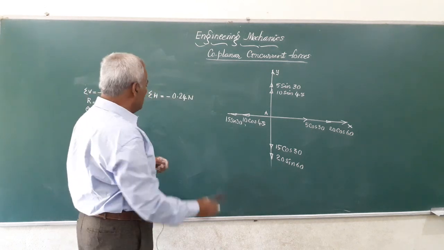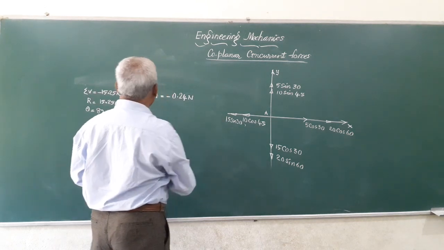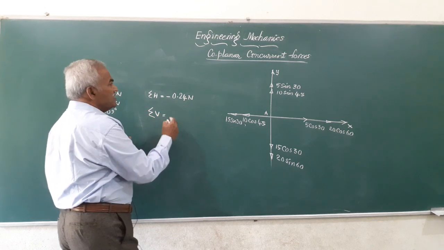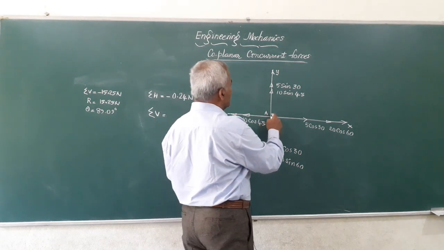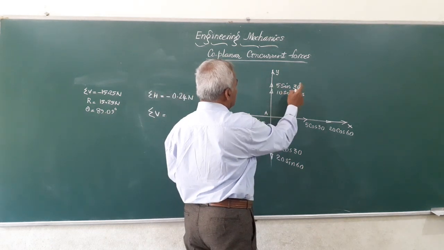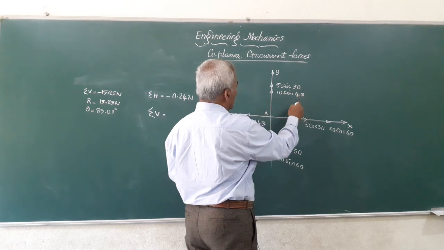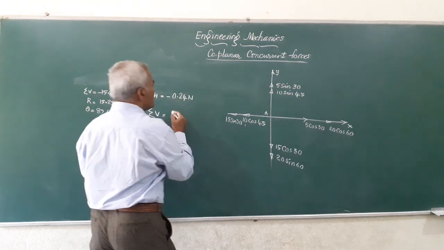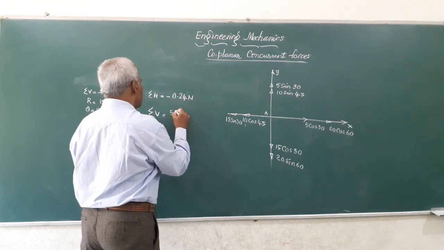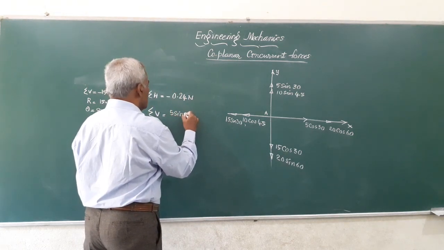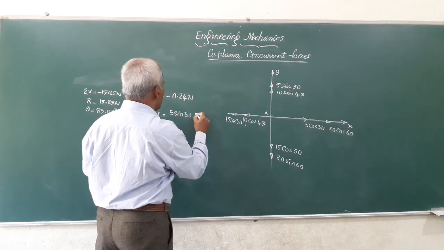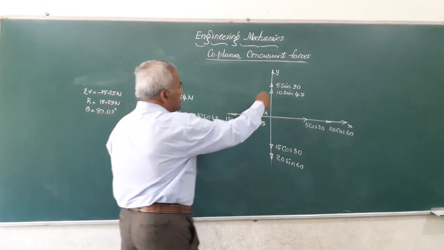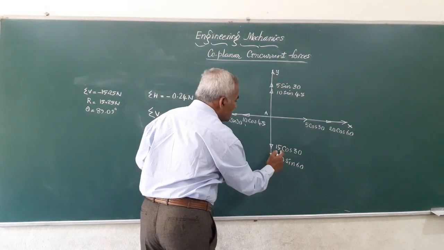Friends, on the same lines, let us find out what is the algebraic sum of the vertical forces. Friends, here you can see there are two forces acting in the upward direction along y. 5 sin 30 is one, the other is 10 sin 45. We will take the forces acting in the upward direction as positive. So, this will be 5 sin 30 plus 10 sin 45, and in the same y direction downward, you have got these two forces.